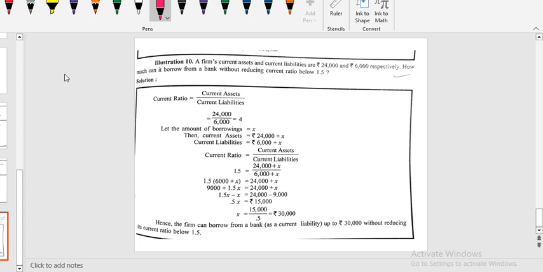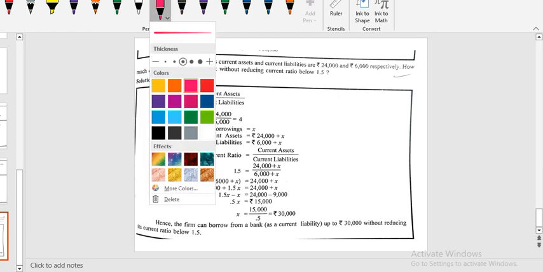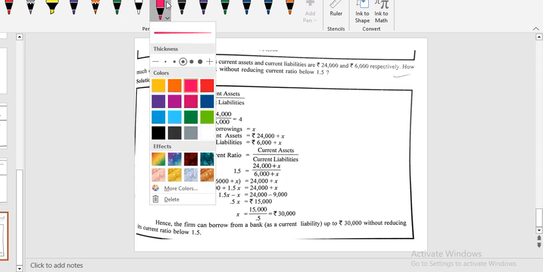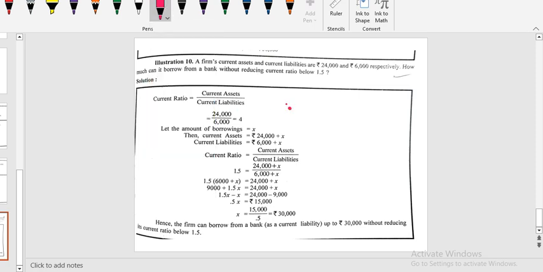So the current ratio is 4. Current ratio is 4, right?